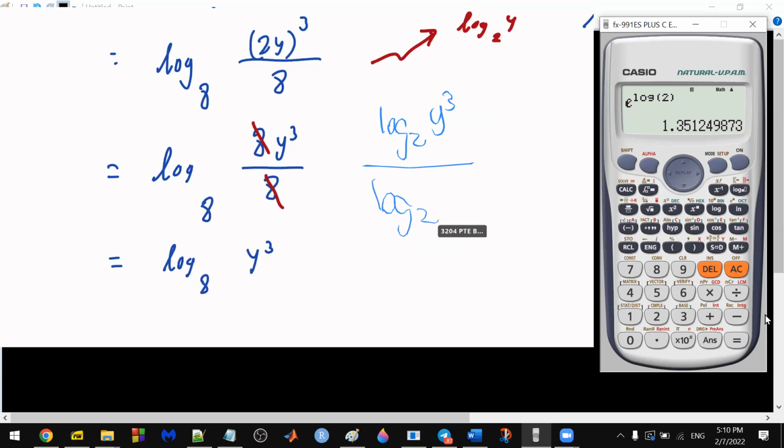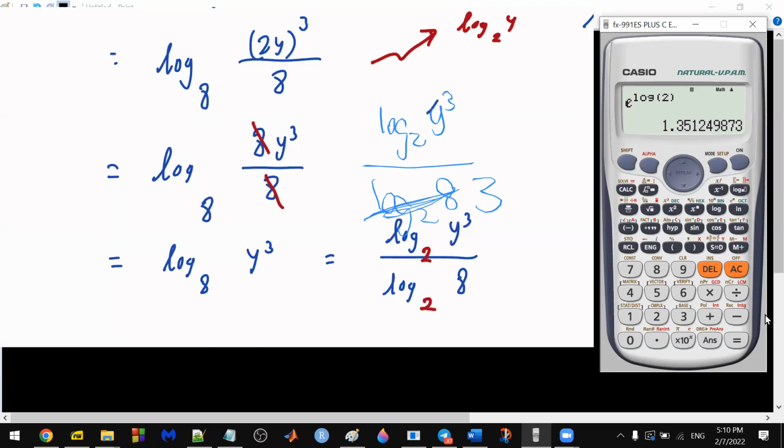Still not good enough. Change of base. So what is it? Yes, correct. Good. Yes, 8 is 2 cubed. Let me write this down. Log y cubed over log of 8. We choose base 2.